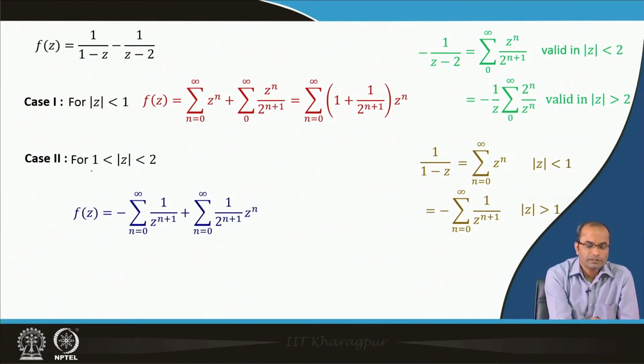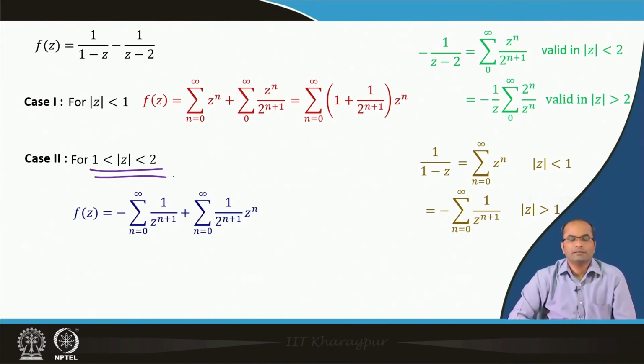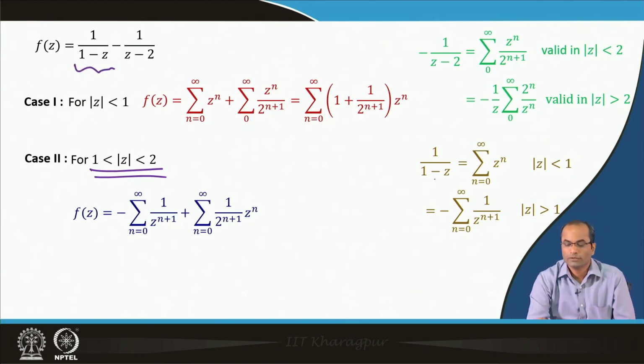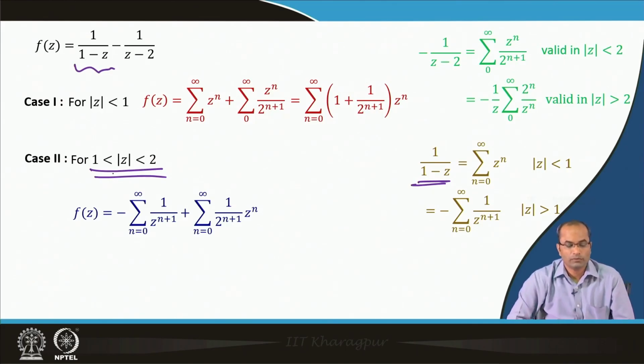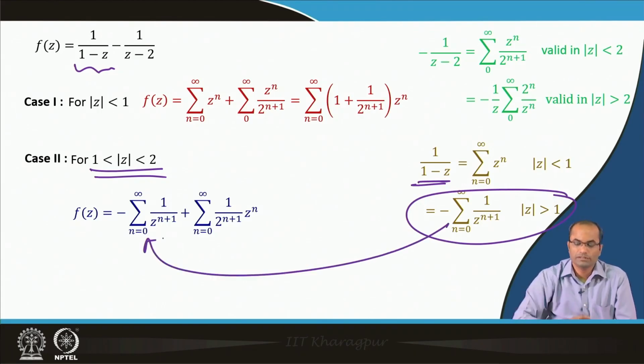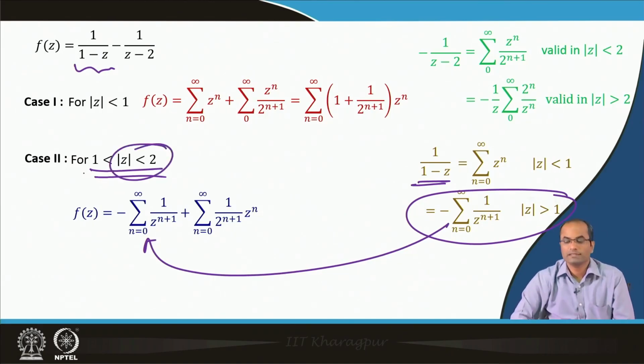Okay, the second region now, this is the annulus we have taken, mod z greater than 1 and less than 2. In this case, from the first function 1 over 1 minus z, we are now talking about mod z greater than 1. So, this is the valid expansion which we will take now with minus sign, 1 over z power n plus 1, and the second one we are going up to mod z less than 2.